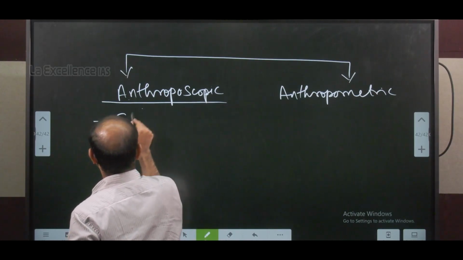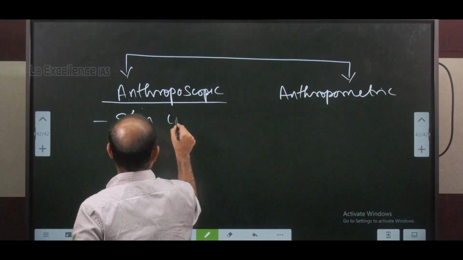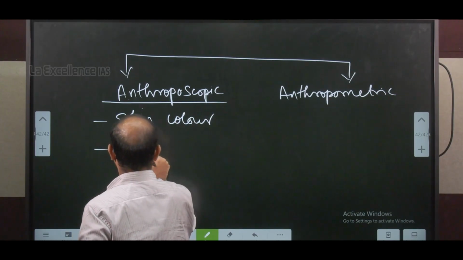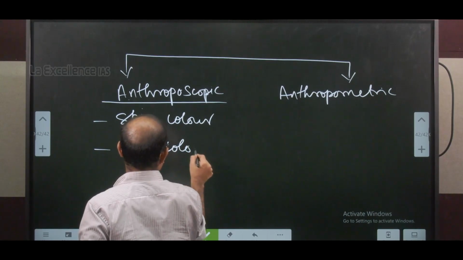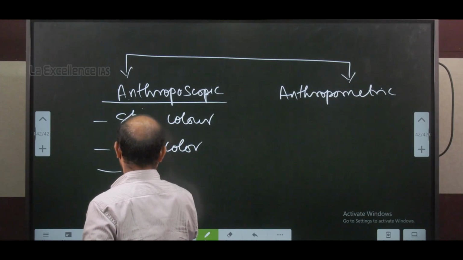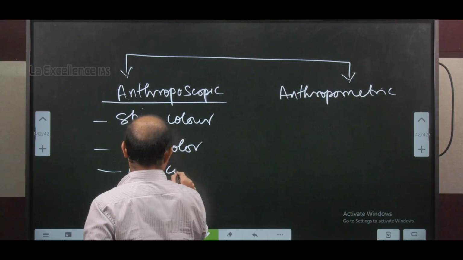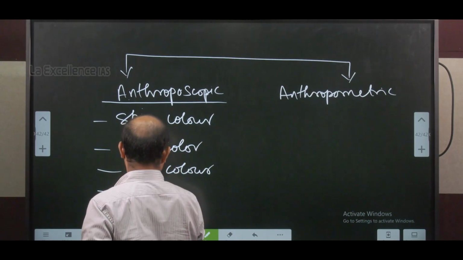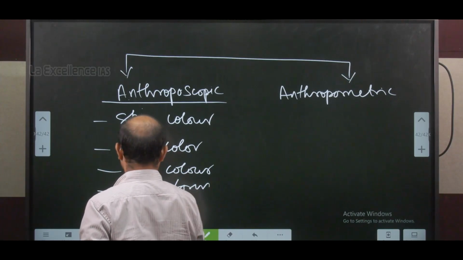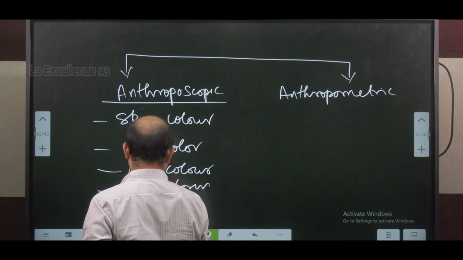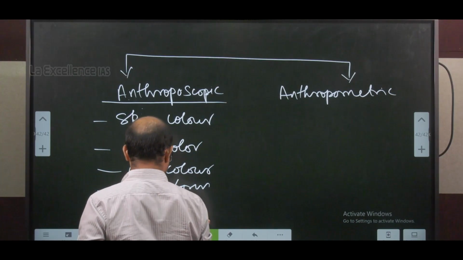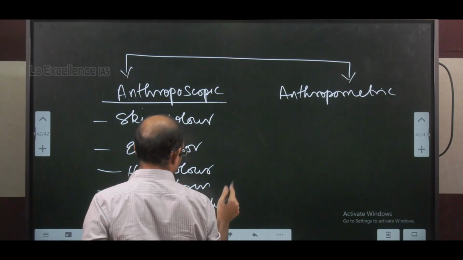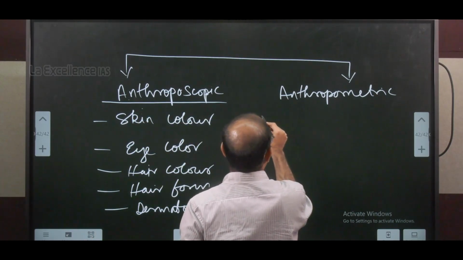Anthroposcopic includes skin color, hair form, fingerprints, all of this.